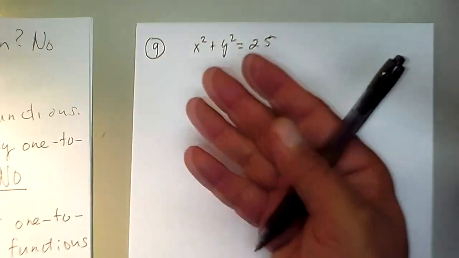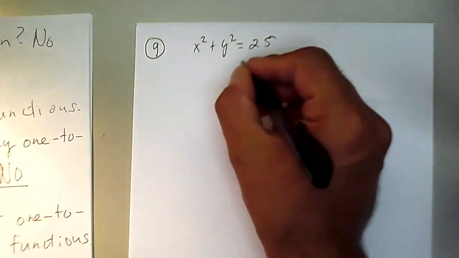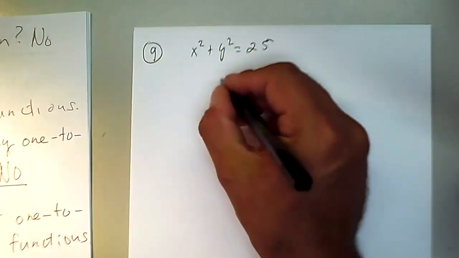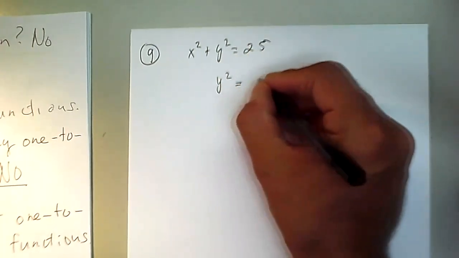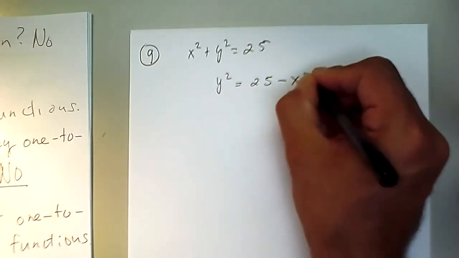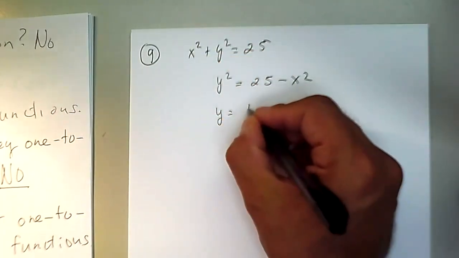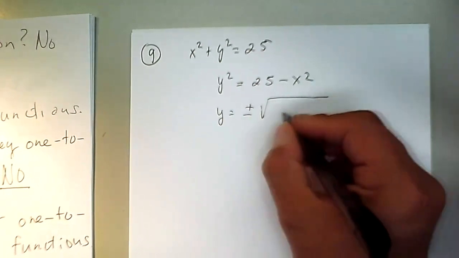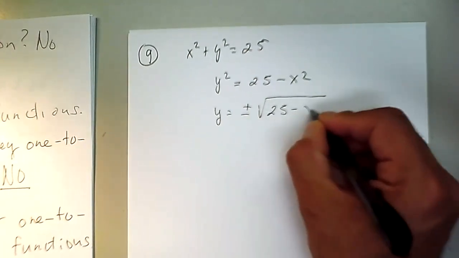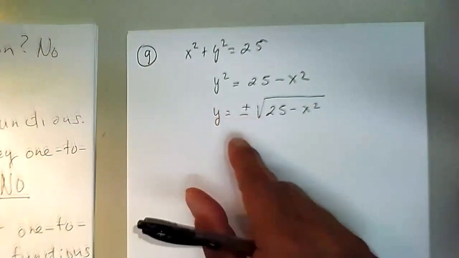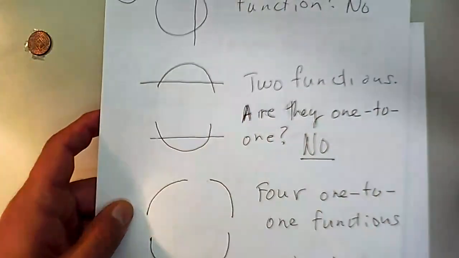I'm showing you where I'm getting the problem from. Okay, so let's solve for y. y squared equals 25 minus x squared. We subtract x squared from both sides of the equation. y equals plus or minus square root of 25 minus x squared. Okay, so that's the two y's corresponding to that and that.